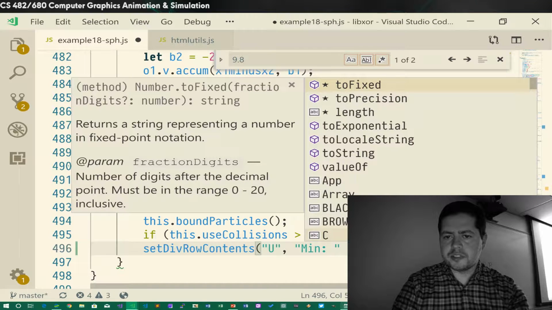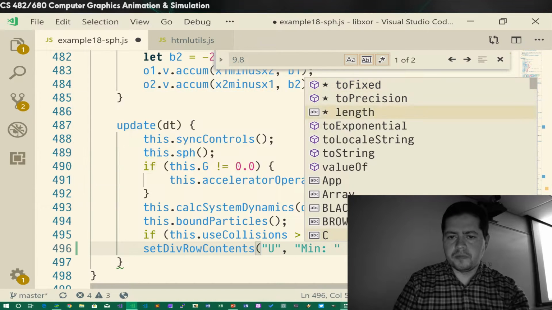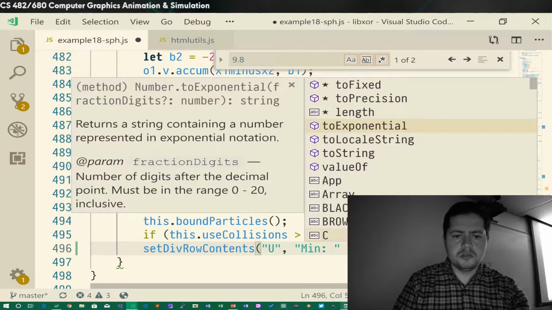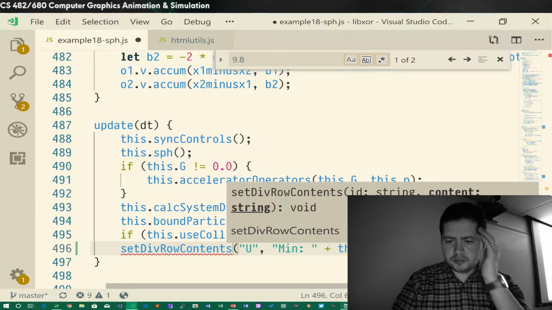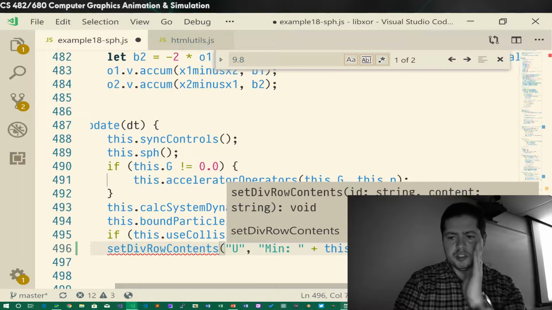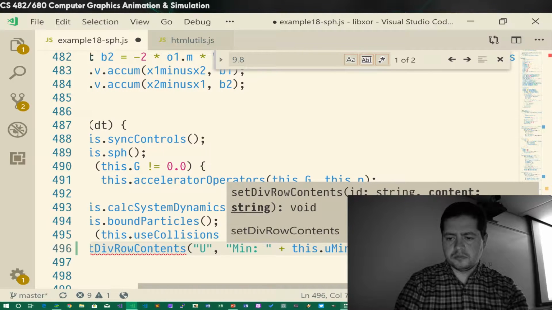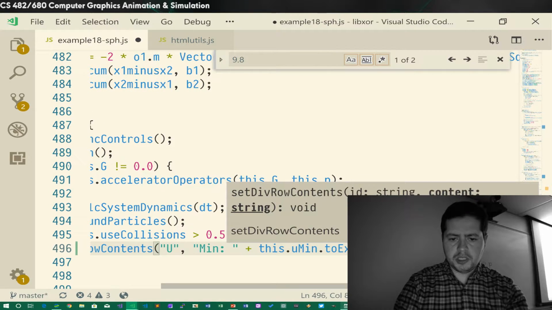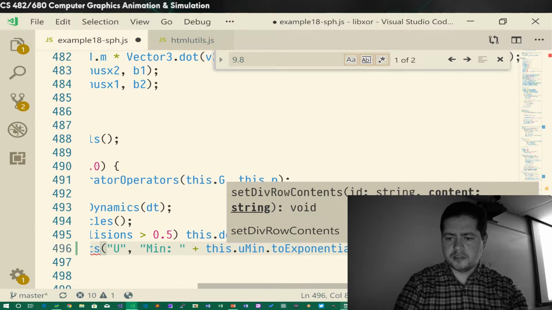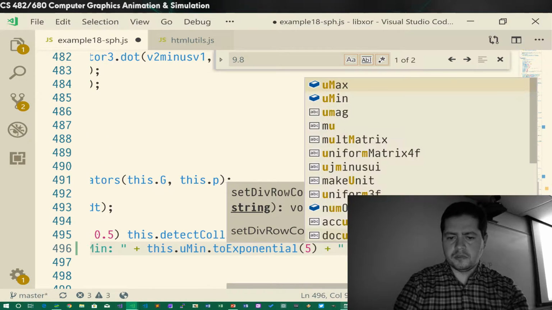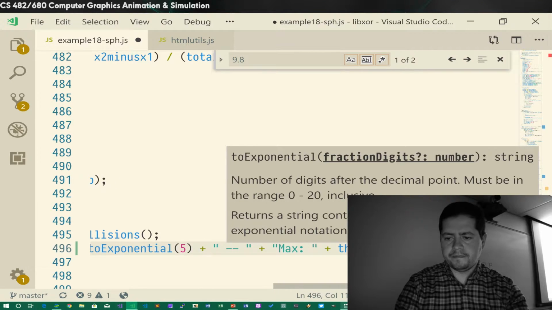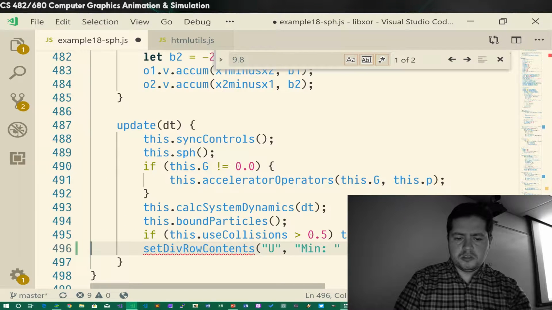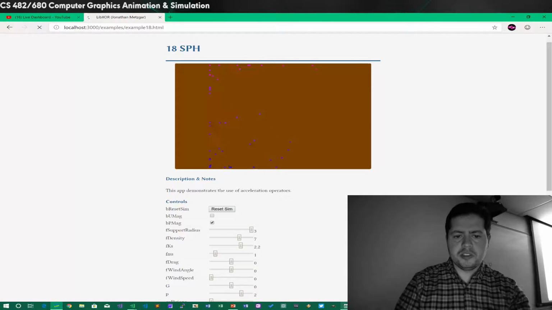We can use toFixed, 5, sure. All right, let's see what happens here.